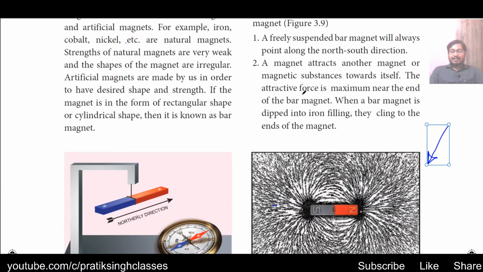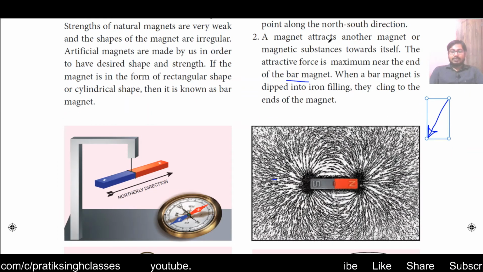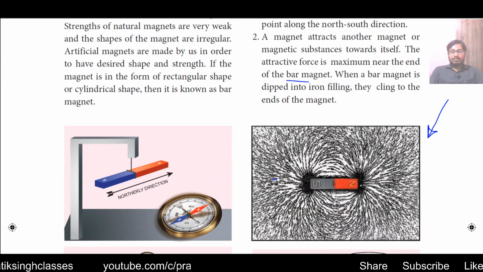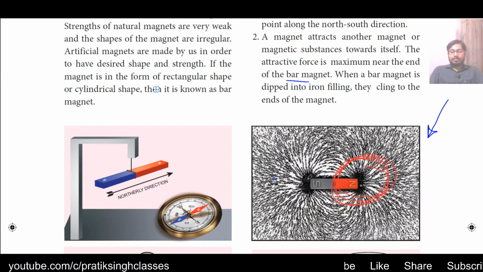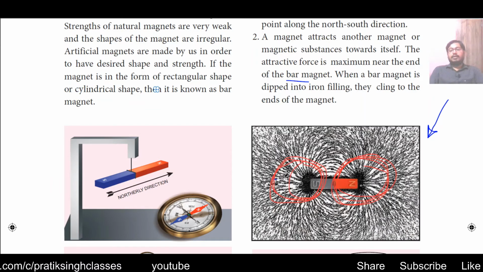The attractive force is maximum near the ends of the bar magnet. As you can see here, at this region and at this region, the amount of iron filings sticking to the magnet is very high.